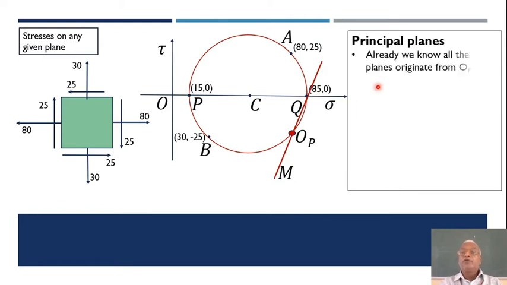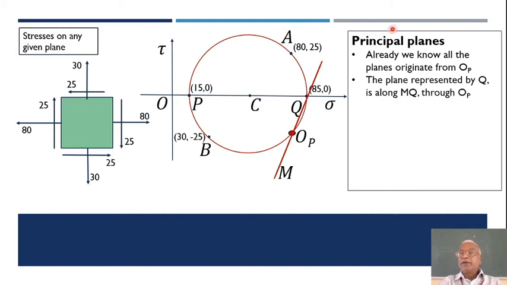Okay, principal planes. Now you know already that planes originate from OP. That's why we have called this the origin of planes. All the planes should originate from here. And if you go to that point Q, that represents a plane M, which will be nothing but a major principal plane. If you put this plane over here, that will be nothing but a plane without any shear stress.